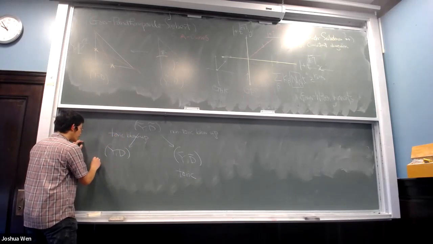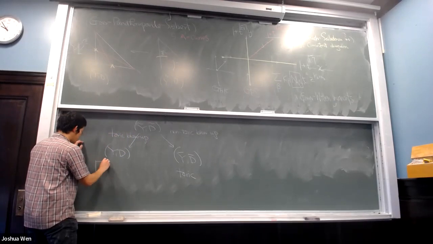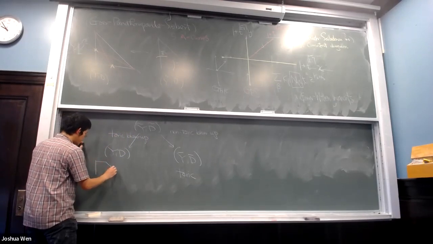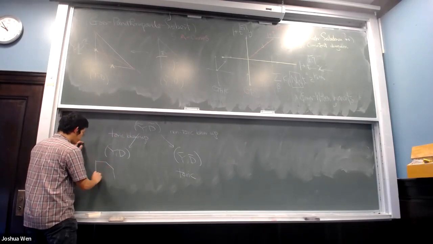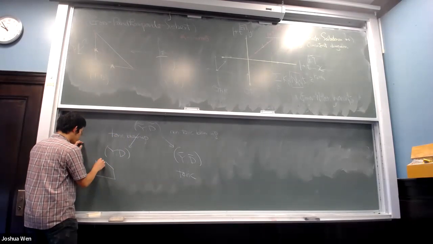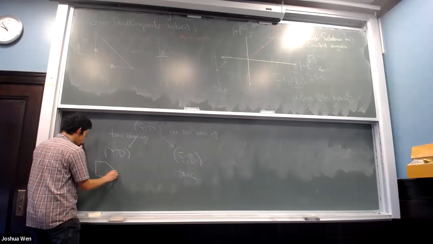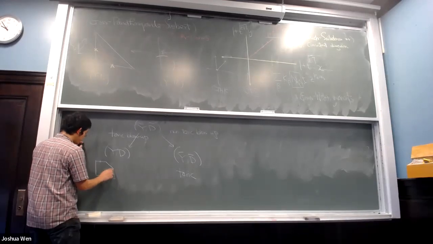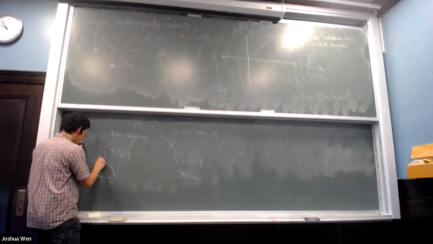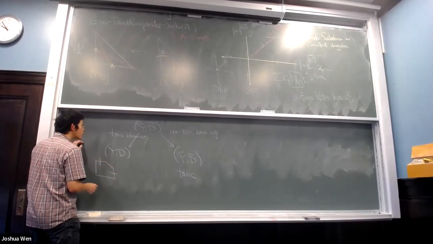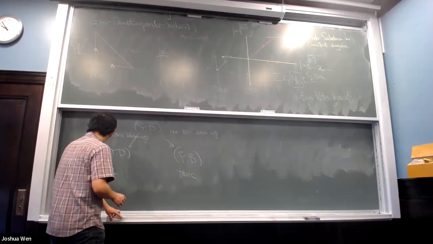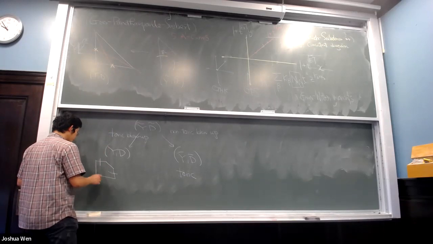We have the del Pezzo surface dP5. It's probably not the best example. So this is dP5.